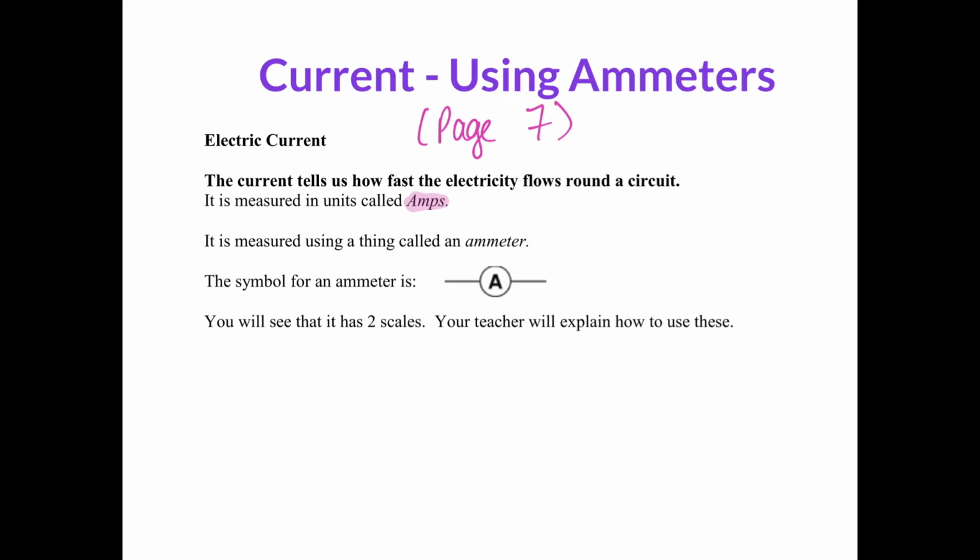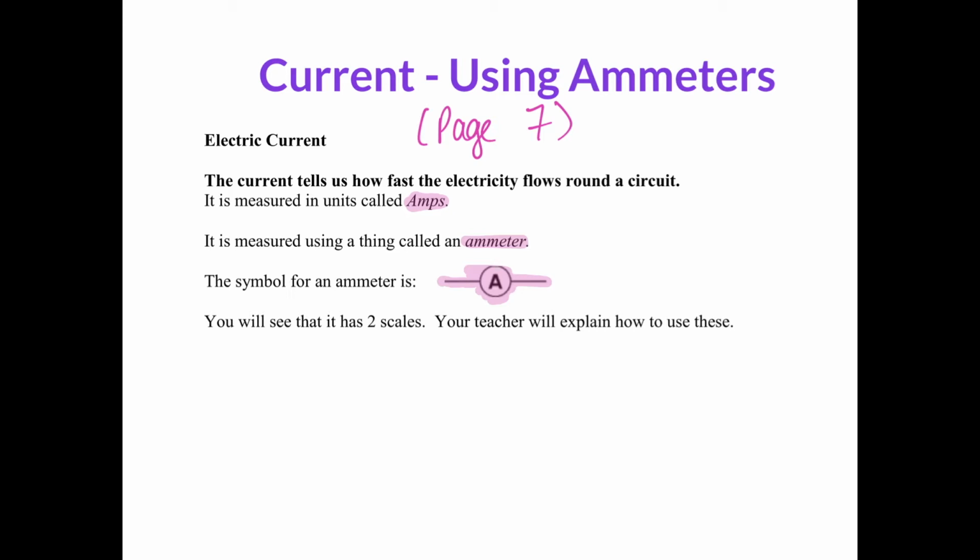We can measure the current in a circuit with a piece of apparatus called an ammeter. The circuit symbol for an ammeter is just a line which represents the wires, then a circle with an A in it standing for ammeter, and then a wire, and that's connected up in the circuit.